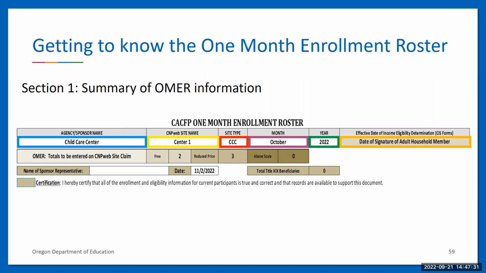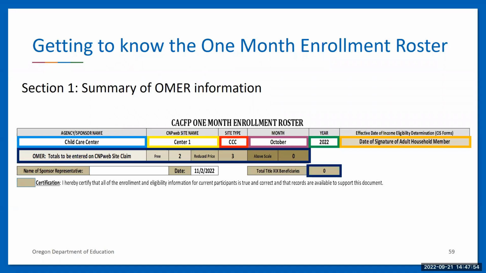The same type of effective date of income eligibility determination must be used for every CIS form included on the OMER. Each piece of information documented in the summary section of the OMER is key to the function of the spreadsheet, as multiple formulas, formatting, and error notices use this information.